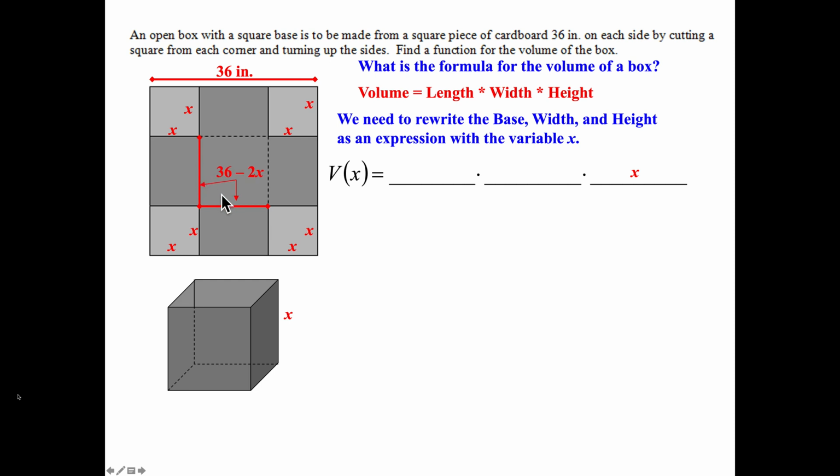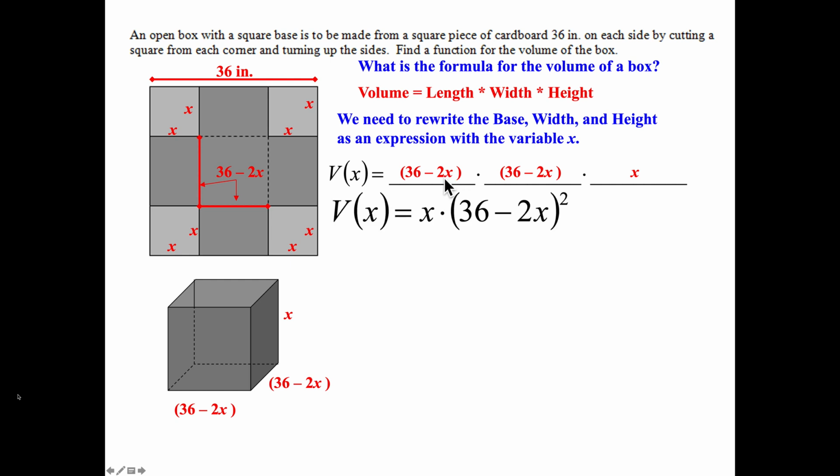So each of these 2 bottom sides, because this is 36 and this is 36, length and width 36 because it's a square piece of cardboard, will be 36 minus 2x. So base is 36 minus 2x, width is 36 minus 2x, height x. So this is the binomial 36 minus 2x squared times an x.